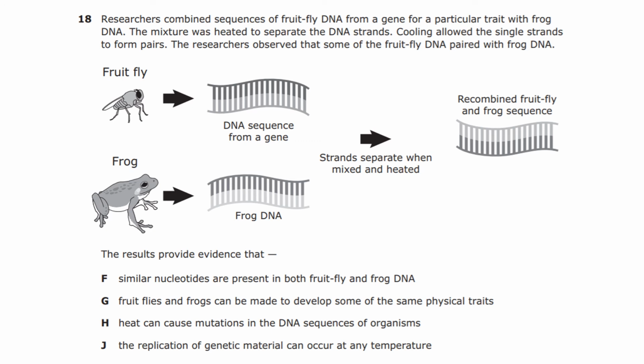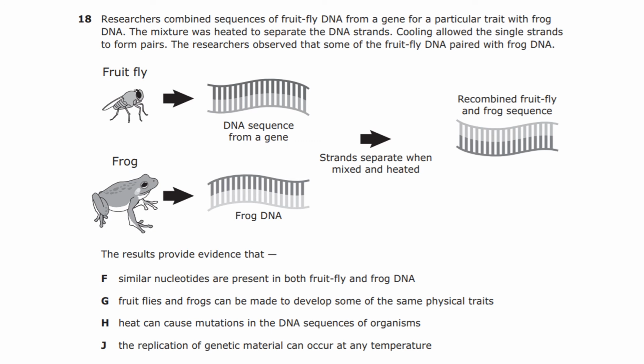But let's look at the others to see why they might be incorrect. Fruit flies and frogs can be made to develop some of the same physical characteristics. Well, no, I don't think so. You're not going to make a fly make the sound of a frog while it's flying around and buzzing around your food, right? That's not going to happen. H, heat can cause mutations in DNA sequences of organisms.